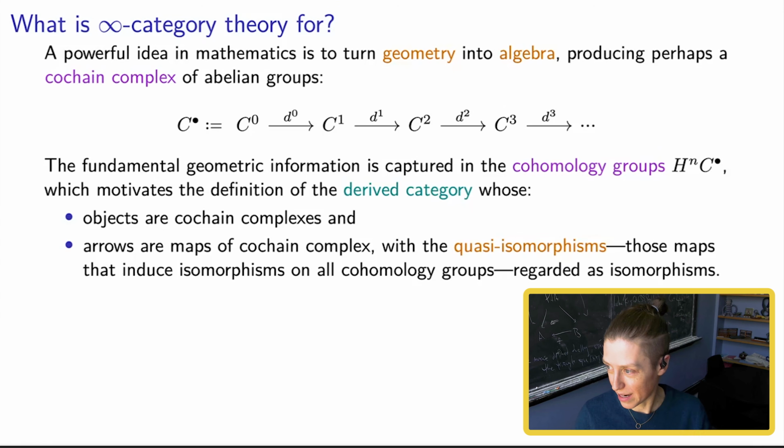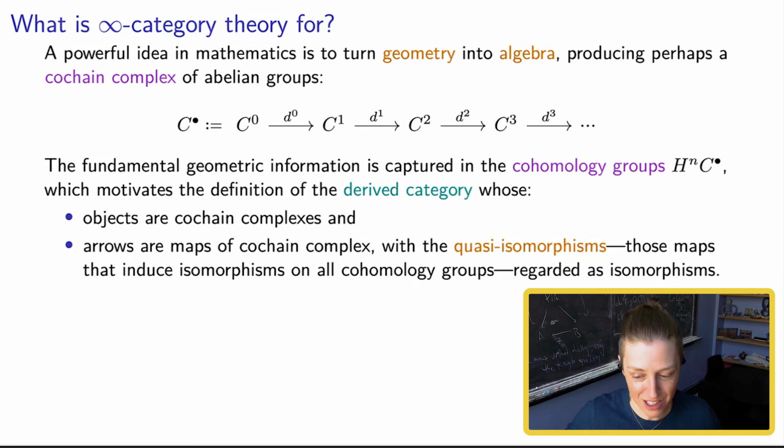You can express what that is in a commutative diagram, except when a map is a quasi-isomorphism, meaning it induces an isomorphism on cohomology groups for all n, then that map is regarded as an isomorphism, whether or not it's actually an isomorphism in the category of chain complexes. And there's lots of examples of quasi-isomorphisms that are not, in fact, isomorphisms. So this is some sort of localization process where we're formally inverting some maps that are not isomorphisms.